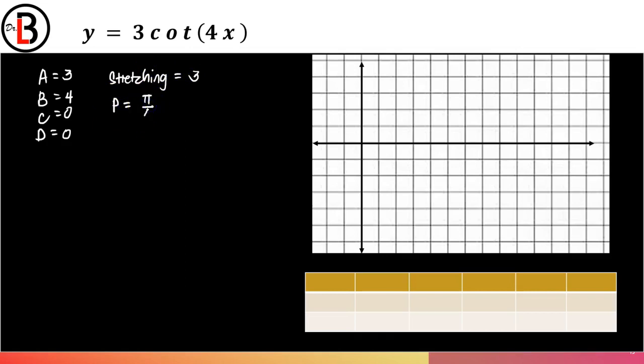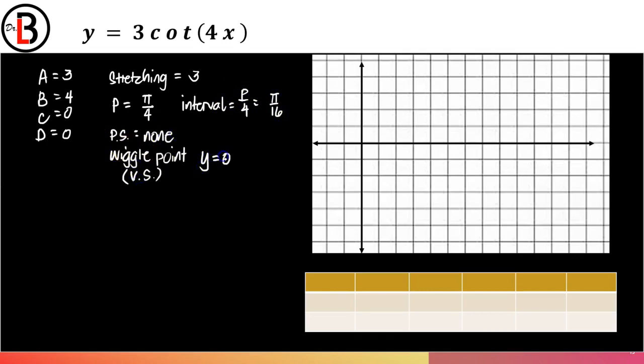So in this case, it's just pi over 4, and then let's already divide the period into 4 for the graphing. So the interval would be period over 4, or simply pi over 4 divided by 4, which is pi over 16. Now for the phase shift, there's none. For the wiggle point or vertical shift, this is y equals 0.